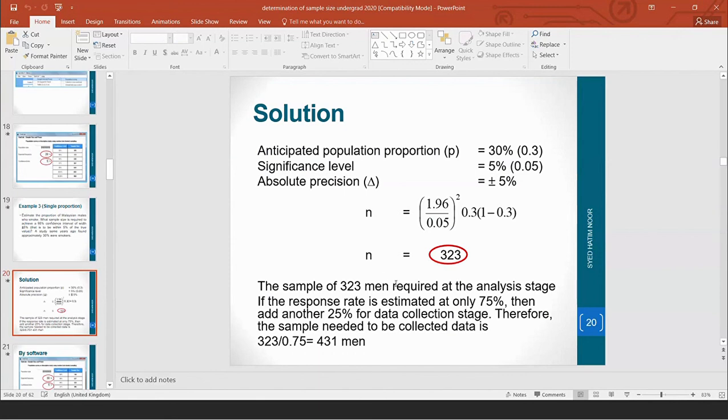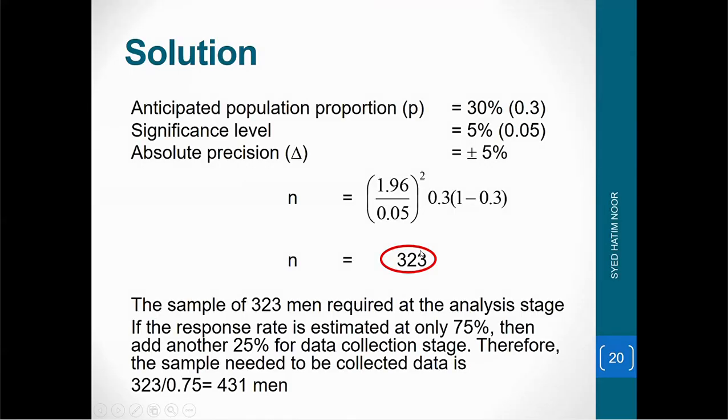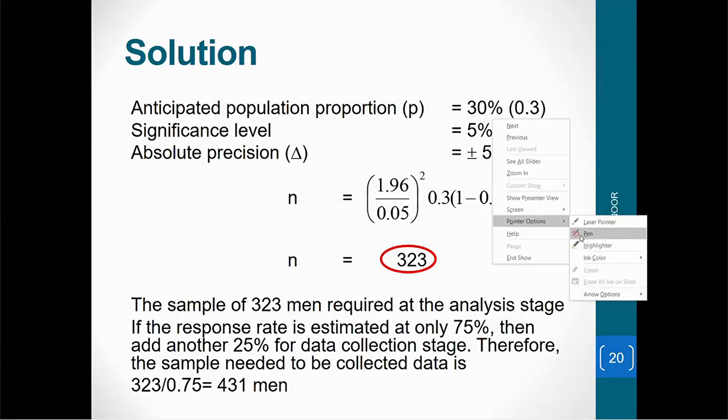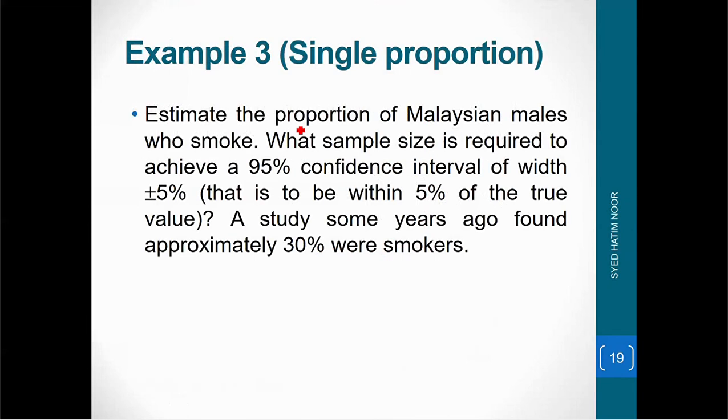Okay, this one. Response rate is estimated at 75%. You are looking at the proportion of males who smoke. That means you will go and collect the data by using a questionnaire.